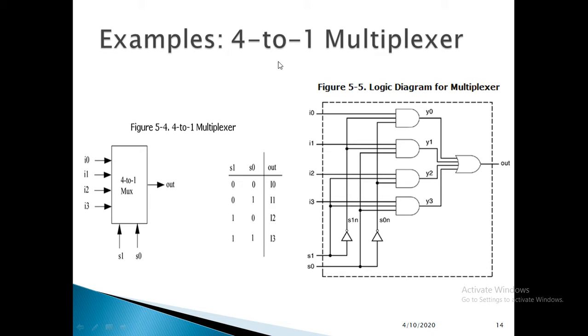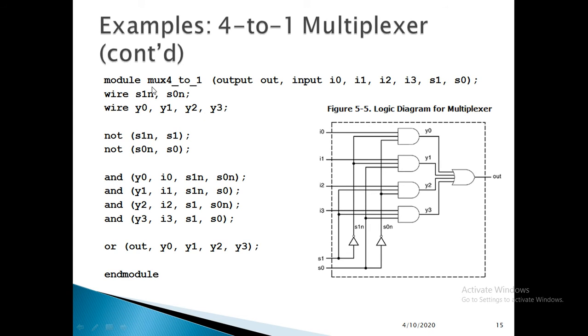Now this example is about a 4 to 1 multiplexer. This is the logic diagram, this is the truth table, and this is the block diagram. Here the gate level implementation is done. Here you see that 4 AND gates are used. These are the commands for this.